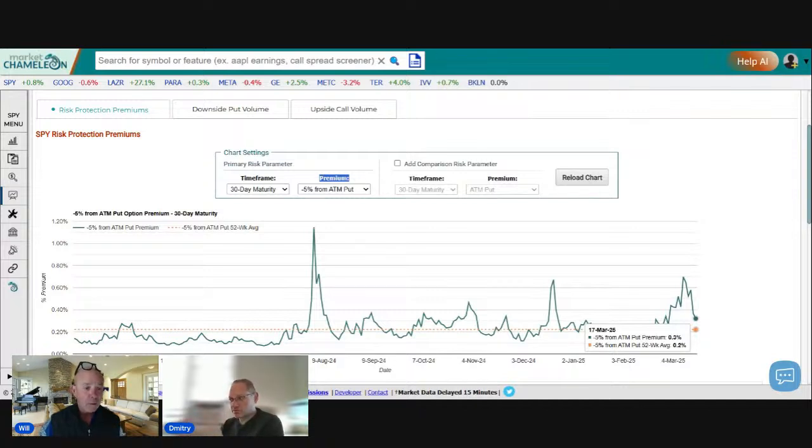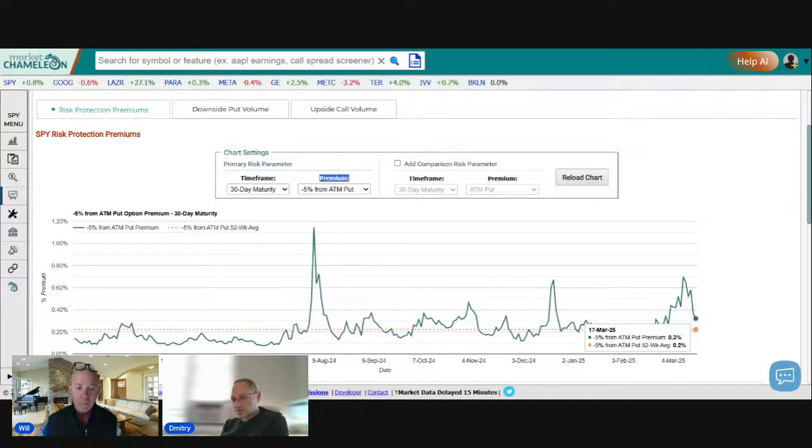You could look at it from the Black-Scholes perspective in terms of implied volatility, or in this perspective, we're looking at it just as the time premium relative to the stock price. So it's a different way to look at that option.